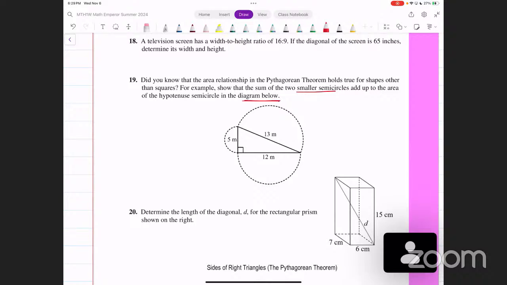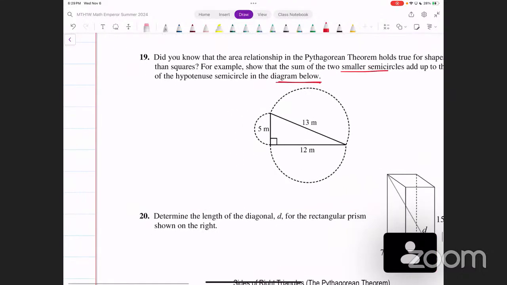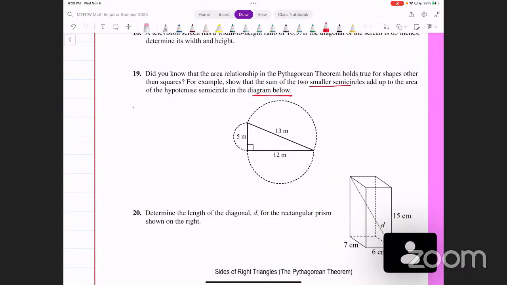Now, moving back to Chiron, how would you prove it, sir, without doing the calculation? Okay, can you guys find the area of the semicircles? The area of the semicircle is going to be given by pi times r squared divided by 2.